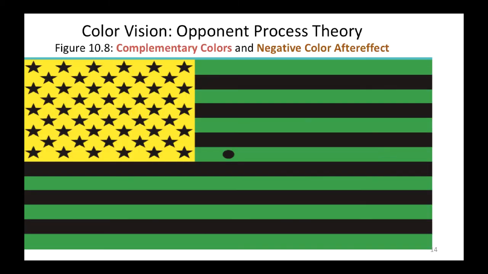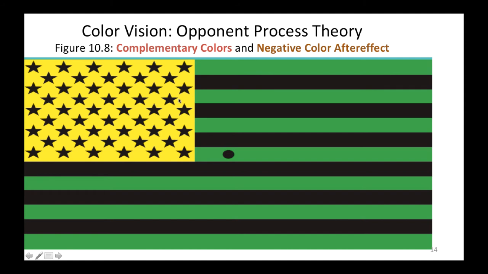If you did, you just experienced opponent process theory. And this tells us that there's more to color than trichromatic theory. Why? Trichromatic theory says absolutely nothing about staring at green and afterwards, after that green is removed, seeing this illusion, this after image of red, or staring at black and seeing white stripes afterwards.